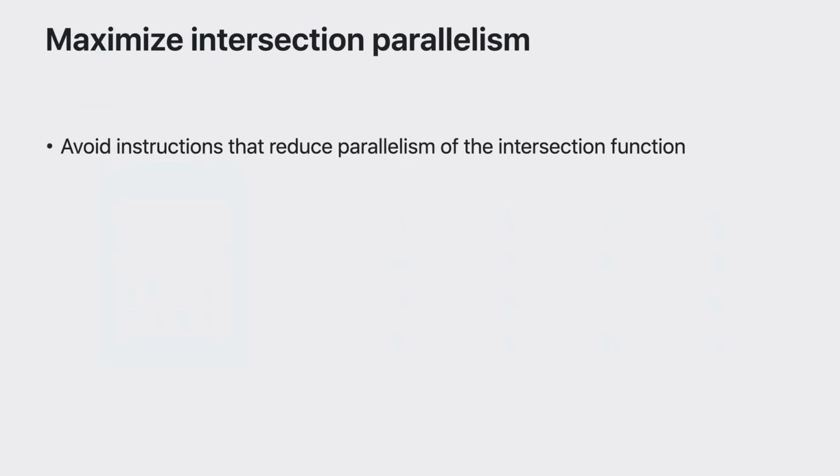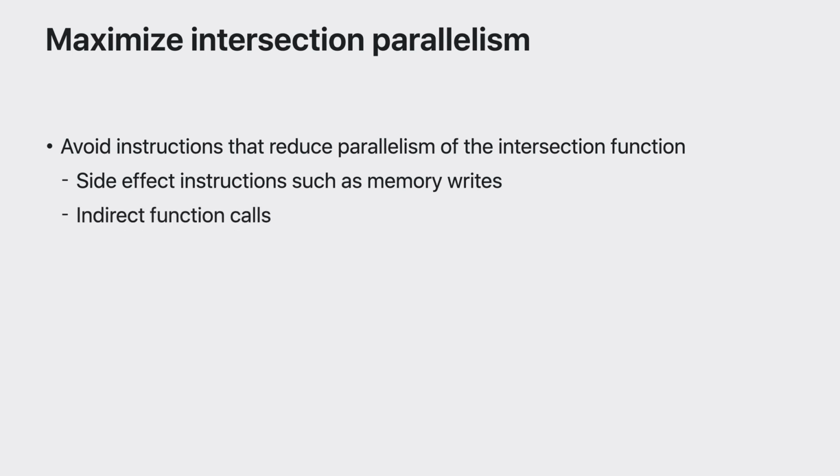Since the custom intersection functions are running in parallel, they will need to be serialized if they perform any operation that has side effects. This includes memory writes to the payload or other device memory. Similarly, any operations that introduce divergence, such as indirect function calls, will also reduce the parallelism of the intersection function execution. It's best to perform these operations as late as possible in the intersection function to allow maximum parallelism until that point.